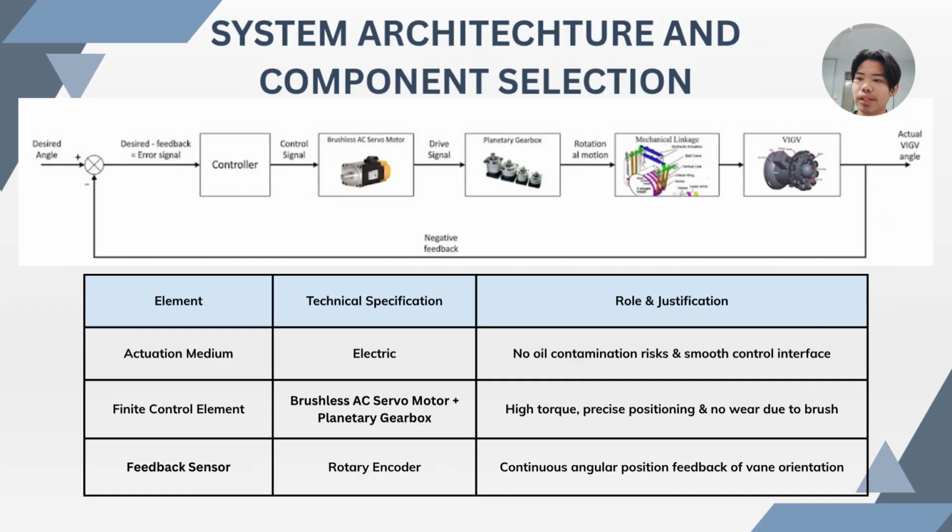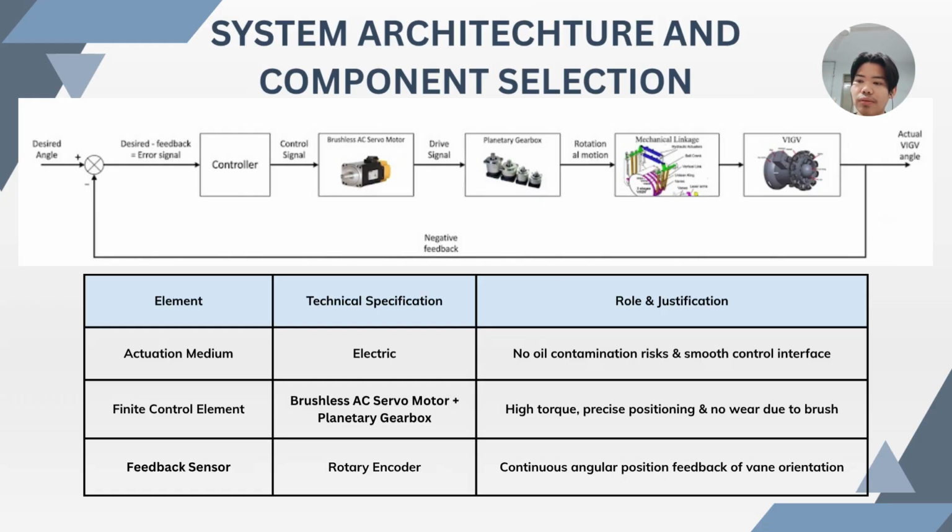The motor produces a drive signal that passes through a planetary gearbox to step up the torque and deliver precise rotational motion, which will drive the mechanical linkage. And the linkage physically rotates the VIGV to achieve the actual VIGV angle. Finally, the actual angle is continuously monitored and fed back to close the loop, ensuring real-time positioning accuracy.